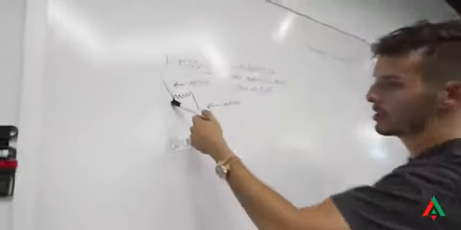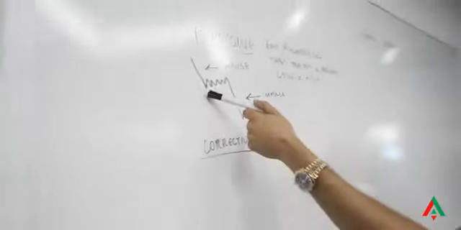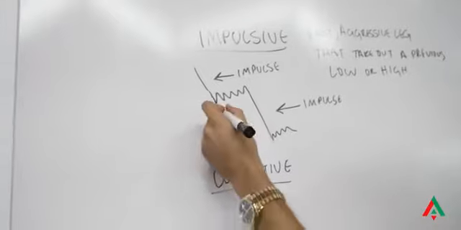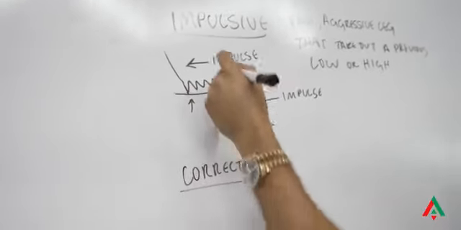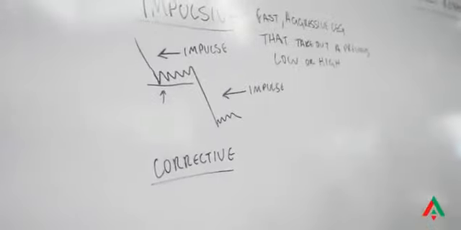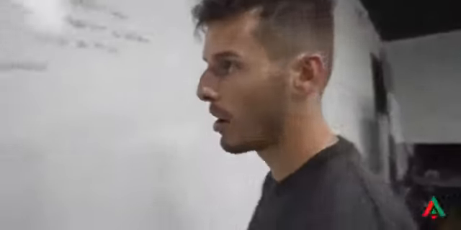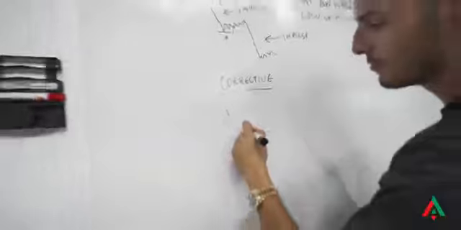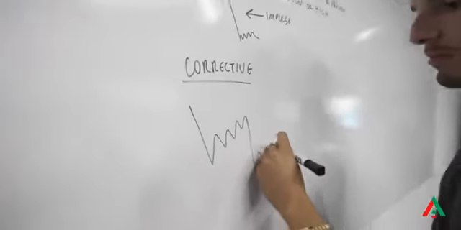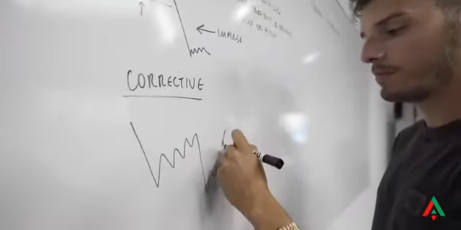You can see right here, this leg came down and just took out the previous low. This is your previous low. That leg came down, took that out, and it created a new low. So that is your impulsive leg. Now your corrective leg is going to be right here.